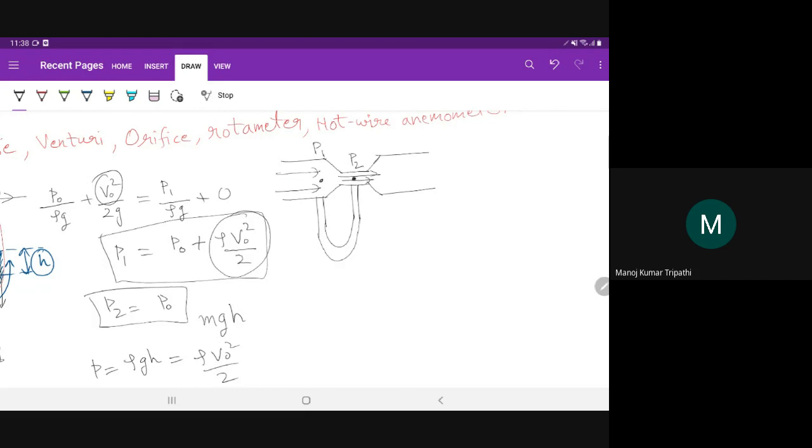So we have seen this earlier. Because velocity at point 2 is more than the velocity at point 1, therefore the pressure will be low. So something like this will happen.